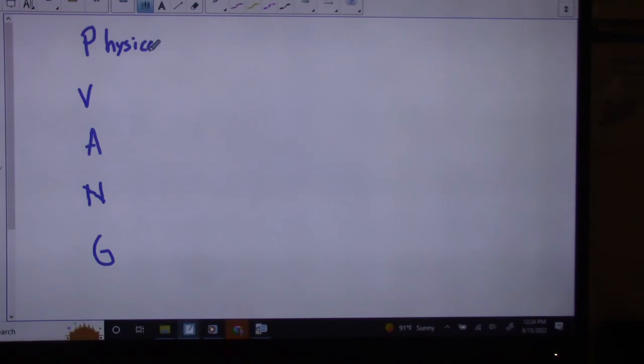So a lot of times the representations we have in calculus are physical. Like I mentioned the other day, I mentioned an object that's thrown into the air, right? A physical thing. And there are other physical examples over the year we're going to have as applications for calculus. Okay, the next thing, V. What does V stand for? Velocity.